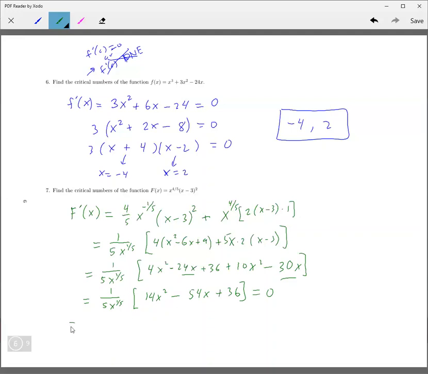I guess I can factor 2 out, and that's 7x squared minus 27x plus 18. Okay, so now I'm going to try to factor this.